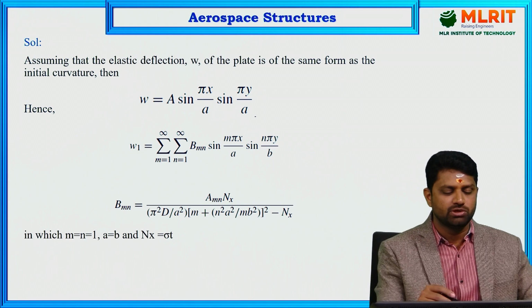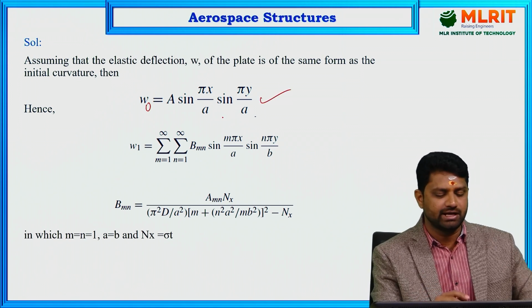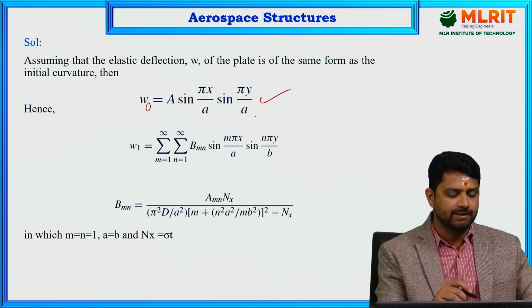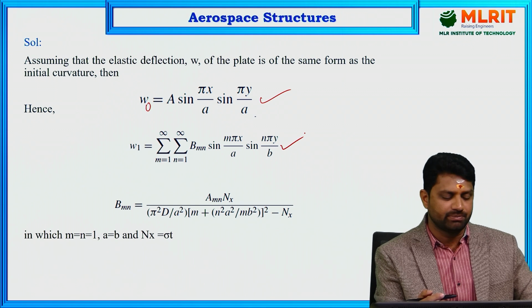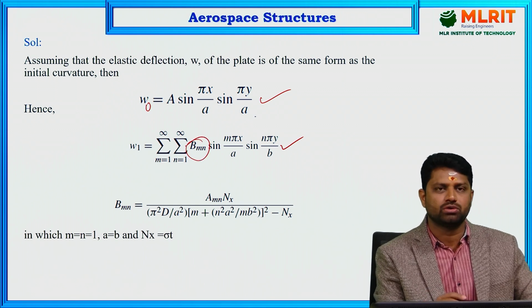So W naught you can take as A into sine pi x by A sine pi y by A, and then you can consider the change in the deflected shape after applying the load, and you can get the unknown coefficient as Bmn.